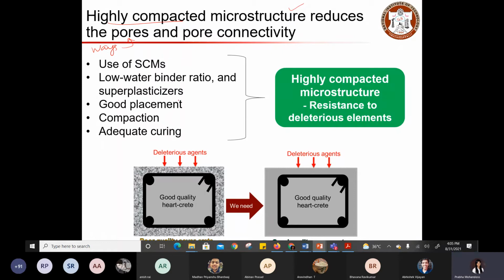To account for that, you can use superplasticizers, and good placement of concrete, the way you place and the compaction that you do. Those are also important to achieve a better compacted microstructure, along with adequate curing, to ensure you obtain a good covercrete by ensuring water is there to complete the hydration process and no water gets evaporated from the concrete to the outside environment.